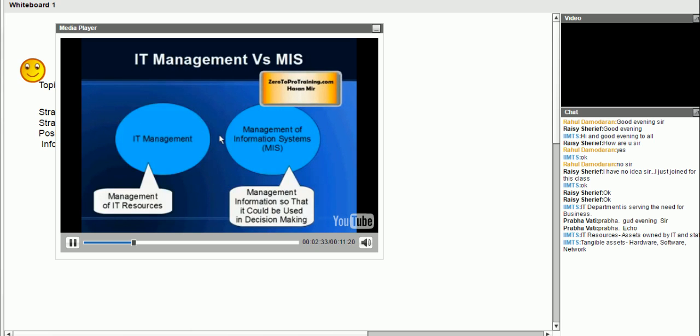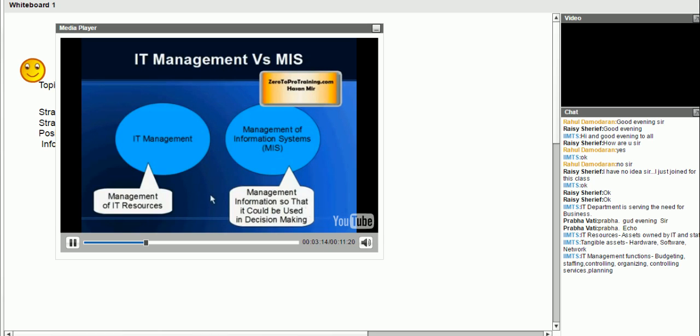So IT management and management information systems are two related terms and sometimes confusing to some people as well. So here is a clarification. IT management is what we are talking about in this session, and this means management of IT resources. The term management of information systems refers to the management of information, and the purpose behind managing the information is to provide better decision making to the business.